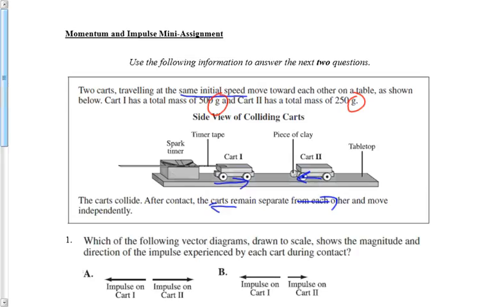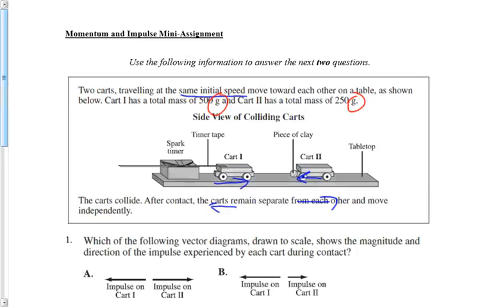Kind of an interesting way of asking a question that we've seen before, okay, and a question that we may very well see again. And that is, how does the impulse on each object in a collision relate to one another? Well, by the law of conservation of momentum, if it's an isolated system, the total momentum has to remain the same.